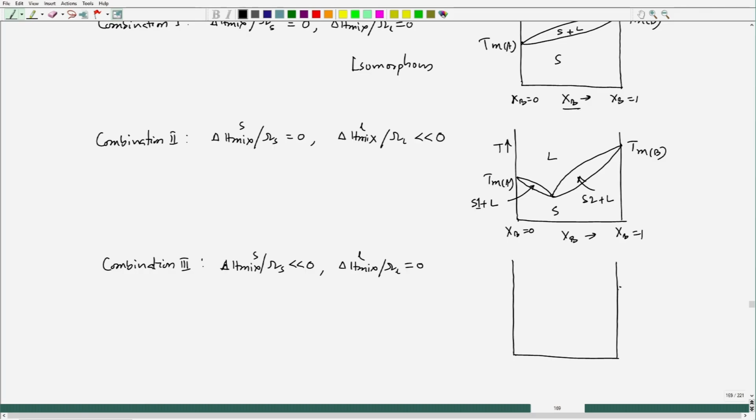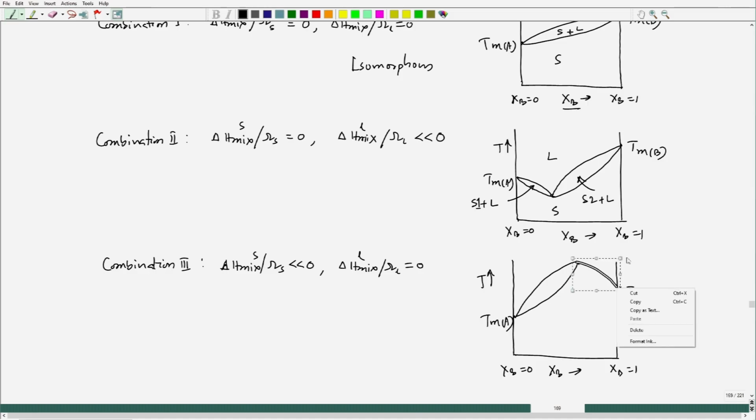Okay. So, this is TM B, this is TM A, temperature this way, X B equal to 1, X B equal to 0, and we saw that we had 2 eyes, but that eye has flipped compared to the second combination.